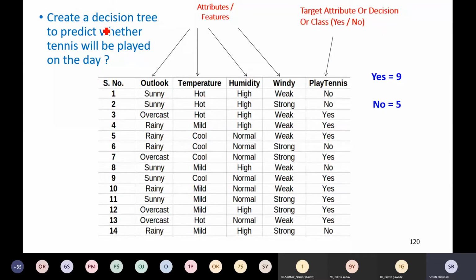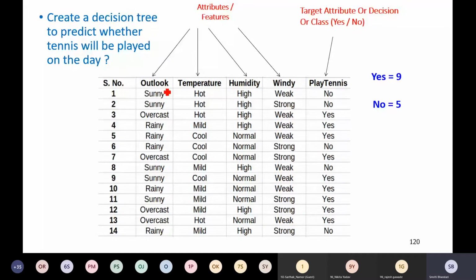This is our example for demonstration. We have a data set with 14 examples in the training data set. We have 4 features: outlook, temperature, humidity and windy. These features describe the weather of the day.